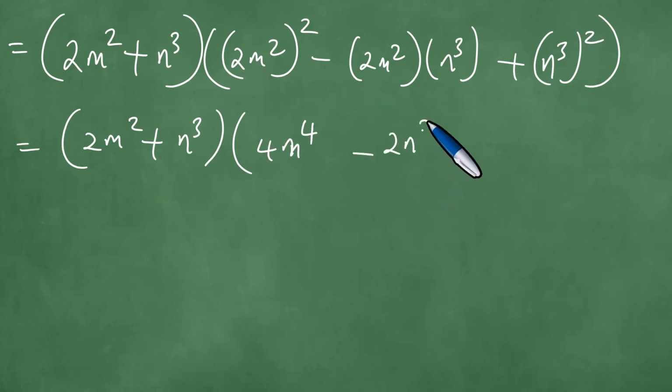So this is 4m squared n cubed plus n. 3 times 2 is 6. You can see that, Leander, right? Yes. And it's very easy.